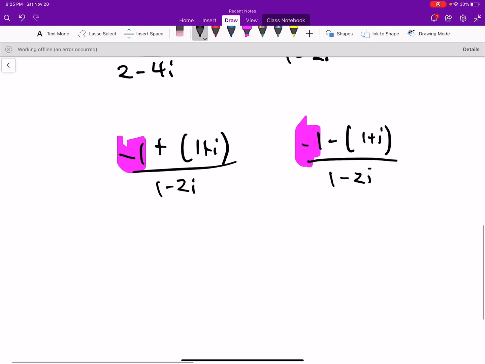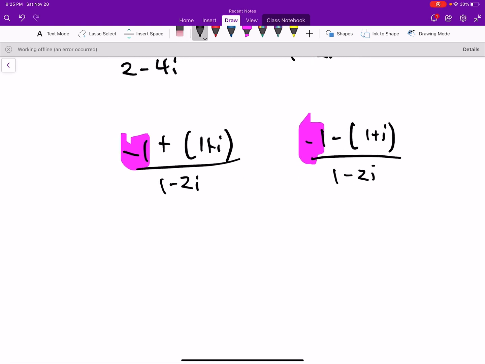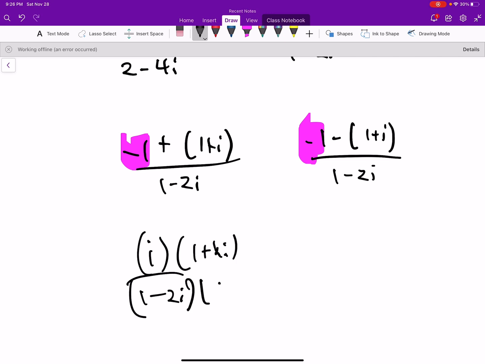All right. So we end up with i all over 1 minus 2i. And then 1 plus 2i on both of these. 1 plus 2i.